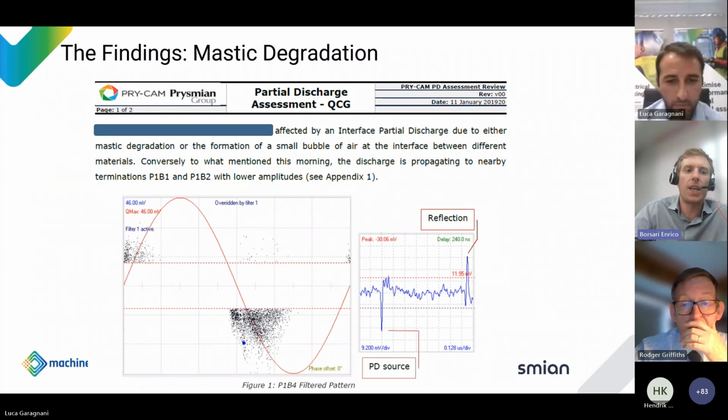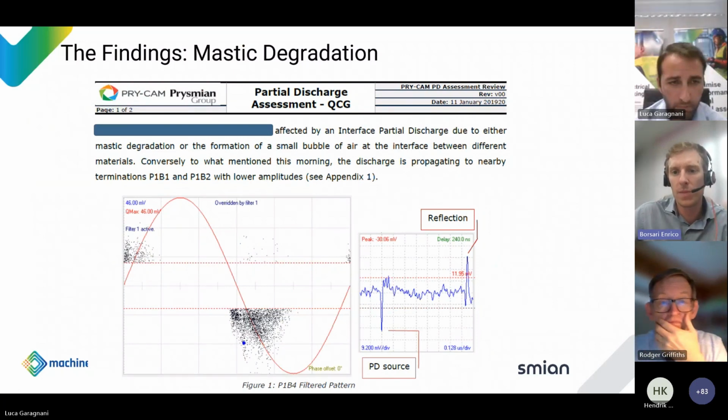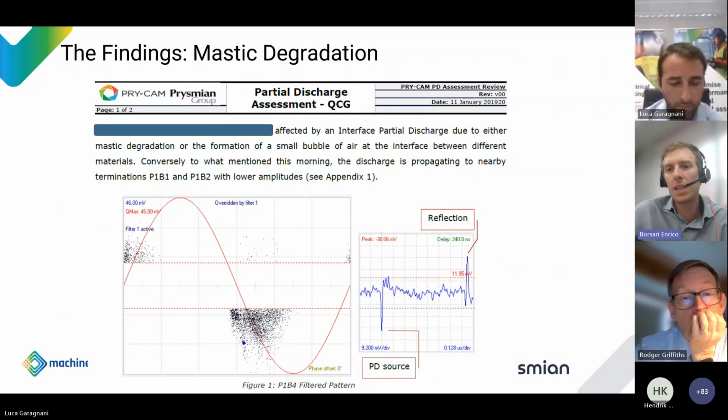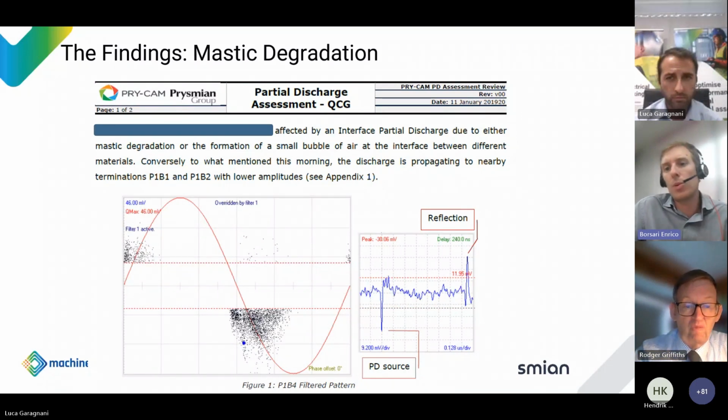By observing the cable system, it's internal, but it's internal at the interface between two, let's put it that way, components. So it's a discharge that was between the cable and the termination. A discharge that has something to do with the preparation of the cable or the preparation of the termination or the termination process.